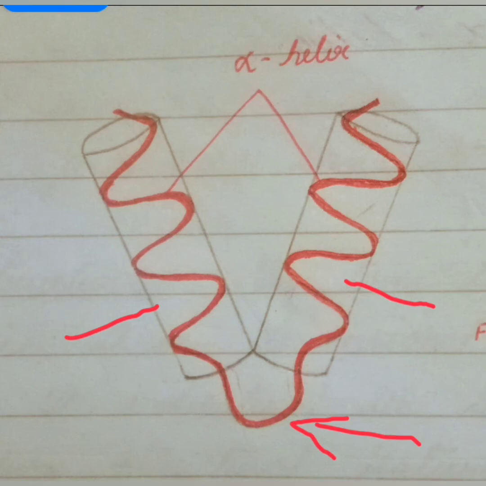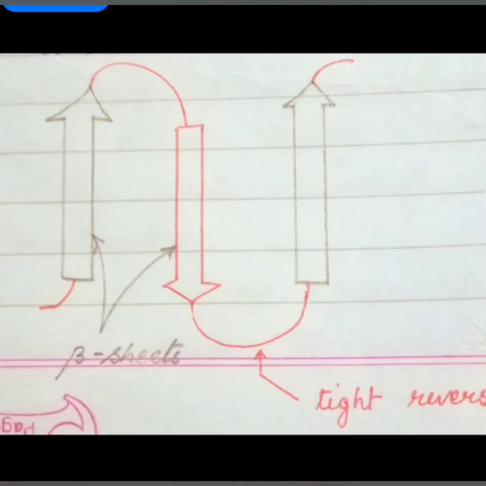Now coming to the next, the second motif is the beta beta unit, also known as the beta hairpin motif. This simple motif consists of two adjacent anti-parallel beta strands.